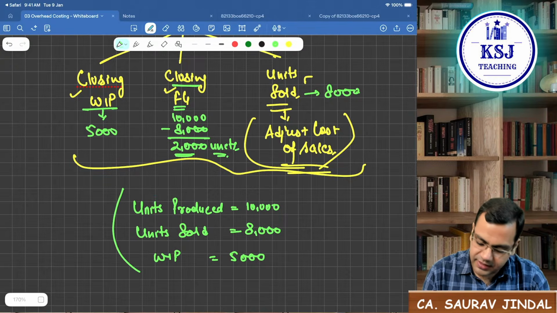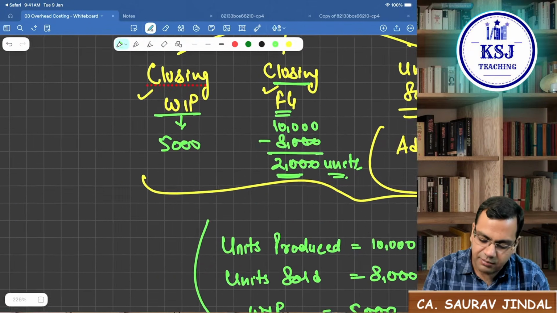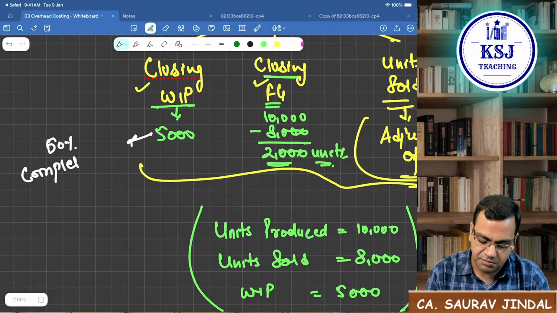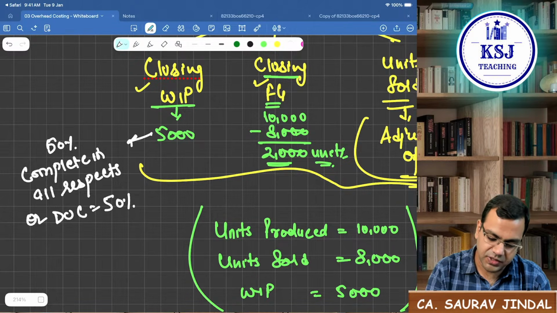Right? Another thing. Now, another information. They say the closing WIP is 5,000 units. The additional information that is given is, they say 50% complete in all respects, or the degree of completion might be given as degree of completion is equal to 50%.